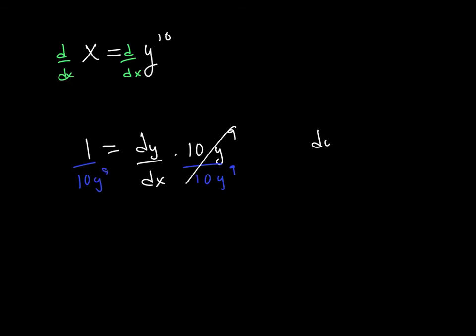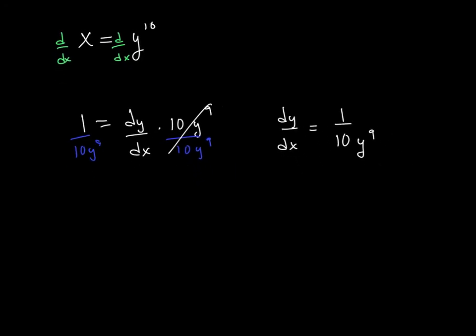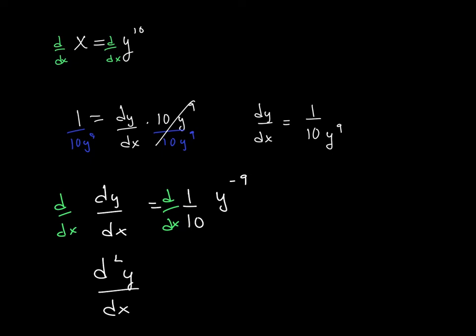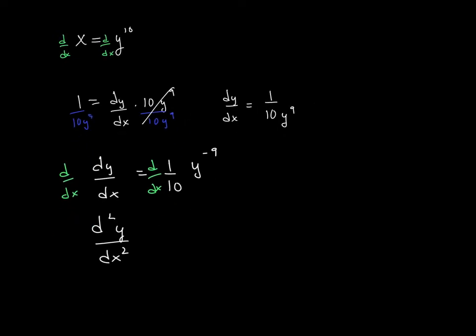And I'm left with dy/dx equal to 1 over 10y to the 9th. And I'm going to need to use that in a little bit. Going back to what I just had, dy/dx is equal to 1/10, and I'm going to write this as y to the negative 9th and take the derivative with respect to x of both sides again, leaving me with the second derivative of y with respect to x squared.